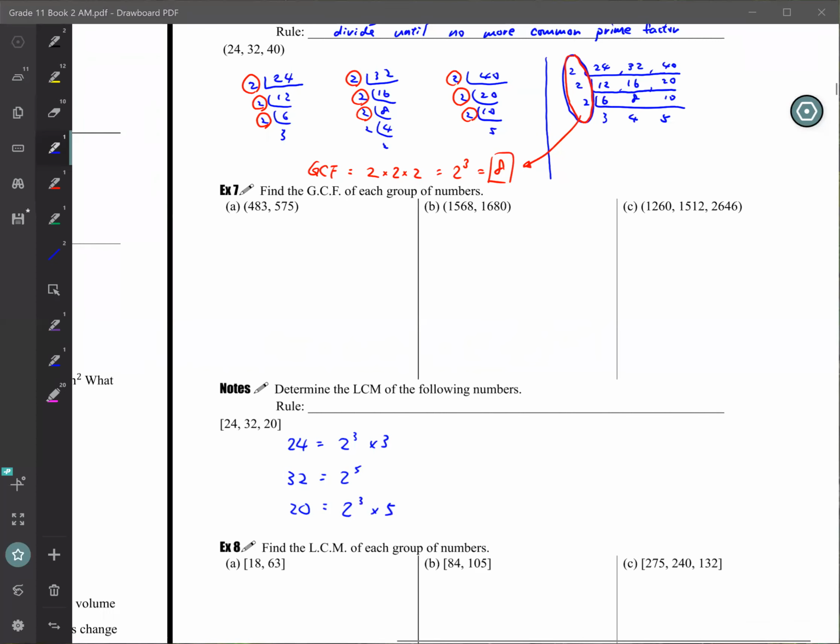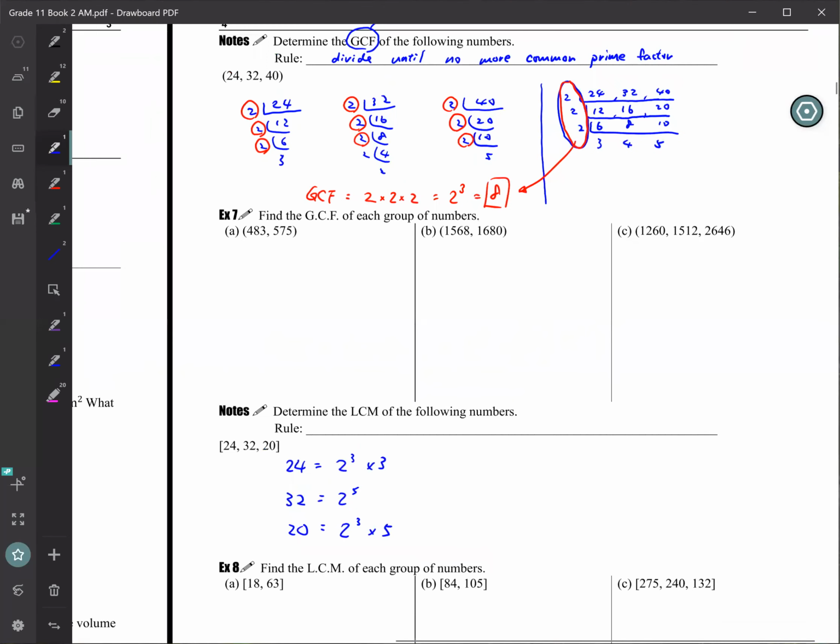Okay, so I'll let you guys write down the notes first. And please raise your hand when you finish writing here. Oh, Jason, is the 2 cubed times 5 for 40? Yeah. Sorry. Yes, should be 40. Thank you.